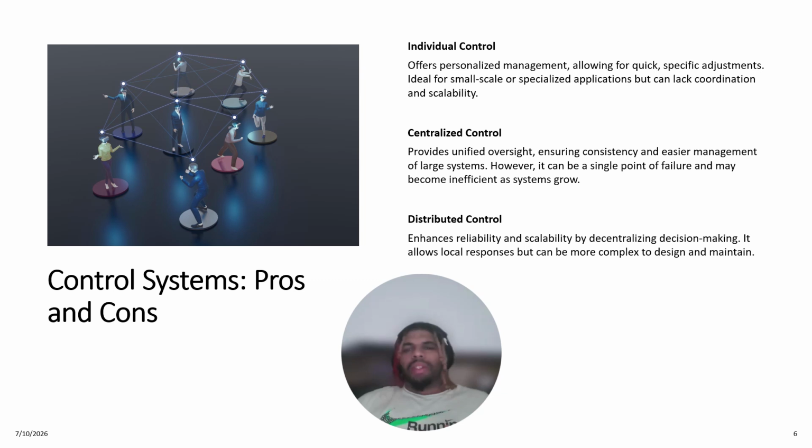However, it can be a single point of failure and may become inefficient as systems grow. Distributed control enhances reliability and scalability by decentralizing decision making. It allows local responses, but can be more complex to design and maintain.